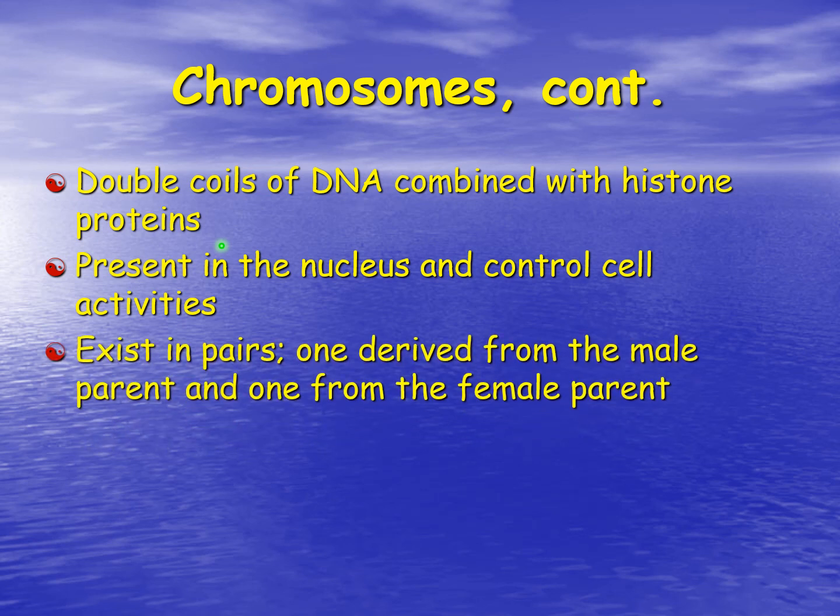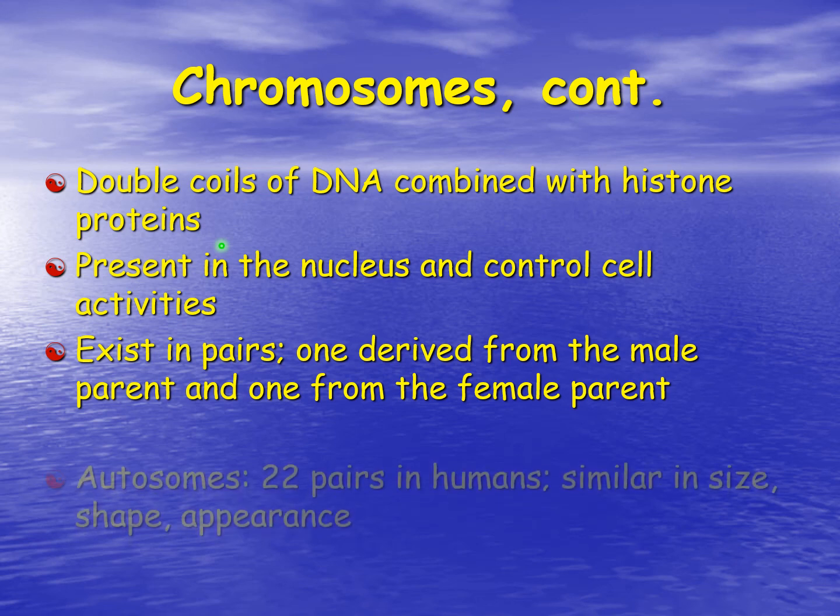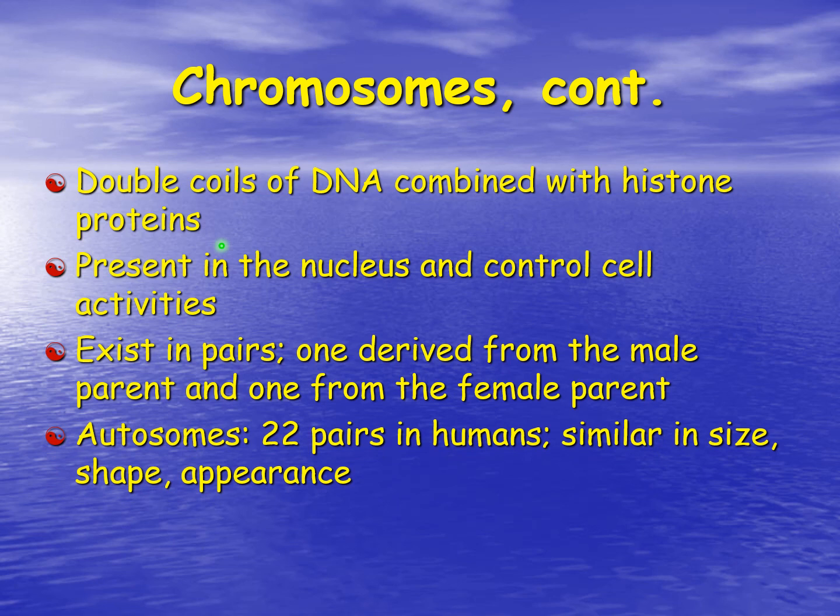So in eukaryotic cells, chromosomes exist in pairs, what's known as the 2n or diploid number. Of each pair of alleles, one is derived from the male parent and the other from the female parent. In humans, we have 22 pairs of autosomes, which are similar in size, shape, and appearance.